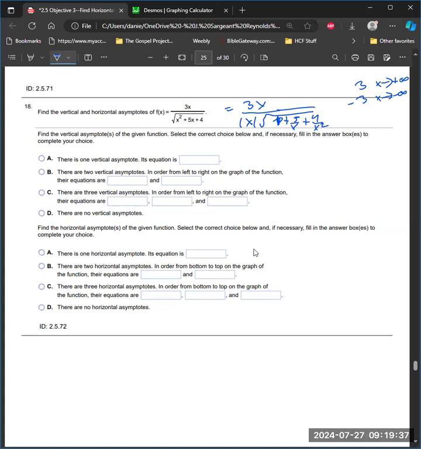There's 2. Y equals negative 3, and y equals 3. Vertical asymptotes here.